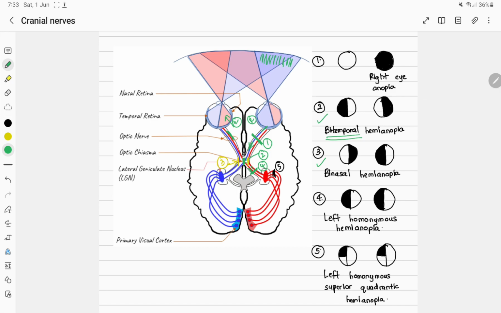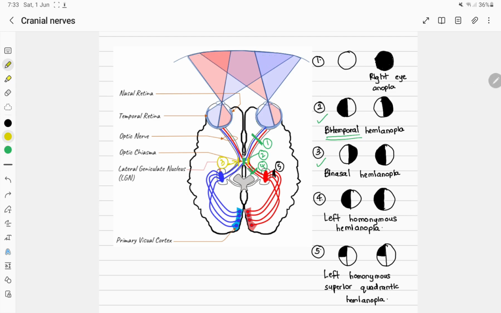This left-sided nasal retina receives fibers from the left temporal visual field. Now you can understand what happens if the damage occurs in the center of the optic chiasma. You cannot see both temporal visual fields. That's why we call it bitemporal hemianopia.